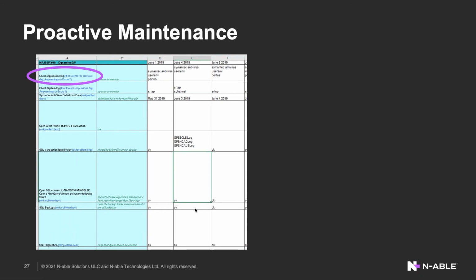So for instance, is the application log filling up with events? That doesn't need a human eye to look at. That's just a monitor of that log to see if a threshold is reached above a certain point, or if it matches certain error codes or what have you.